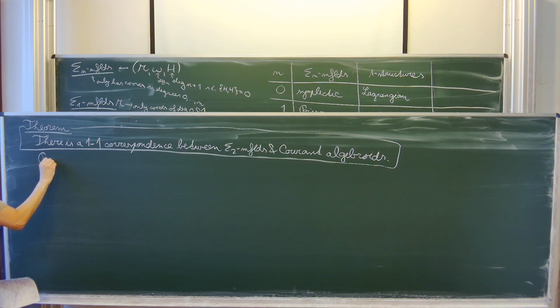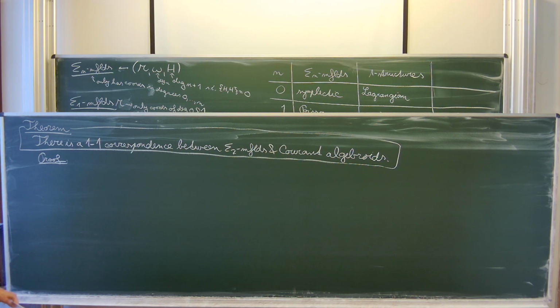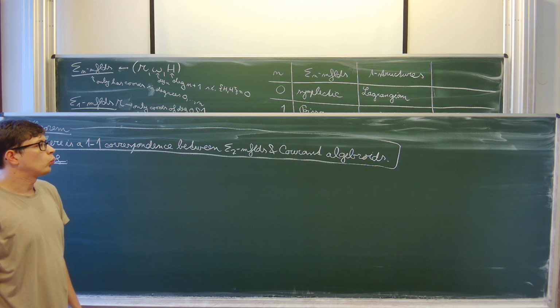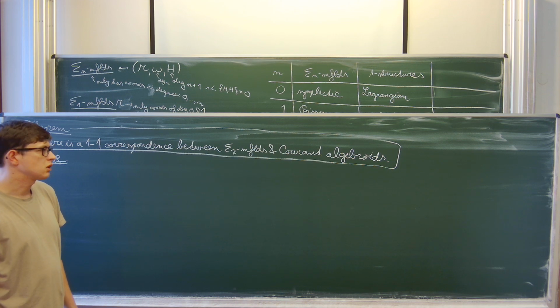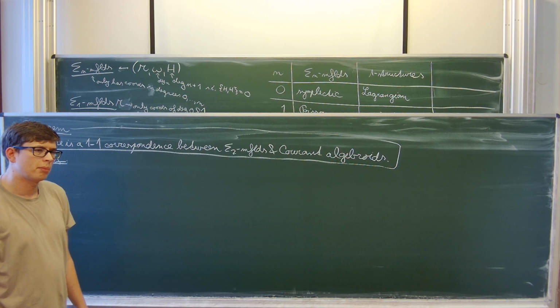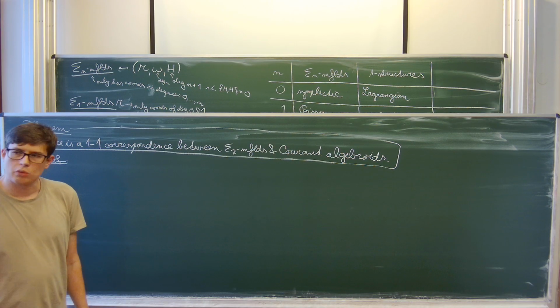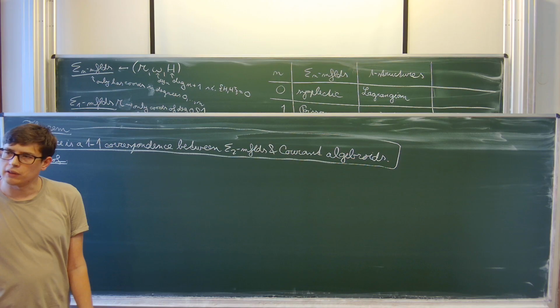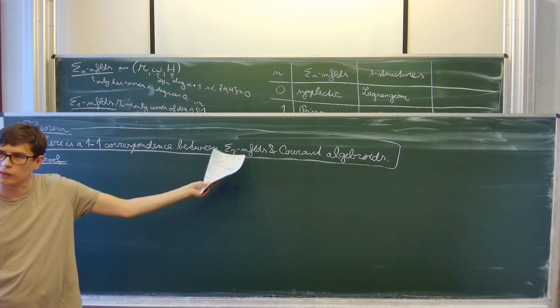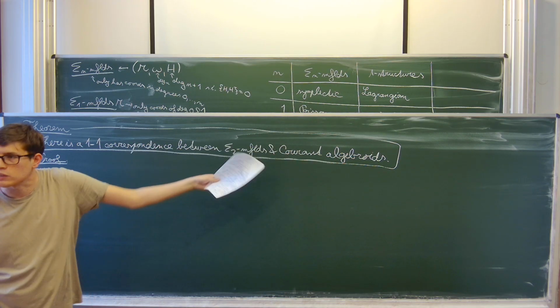Is this just isomorphism classes, or is it canonical? I would say it's on the level of objects, not just isomorphism classes. There is a procedure, a well-defined construction, a bijection between the two sets.